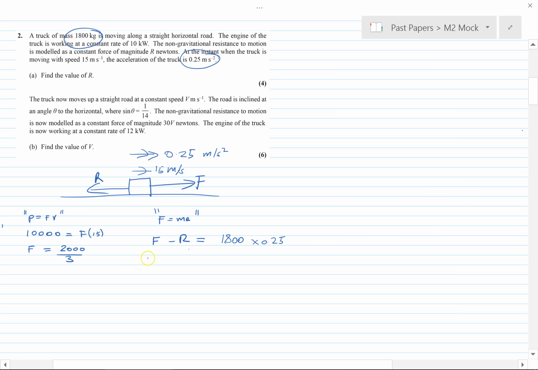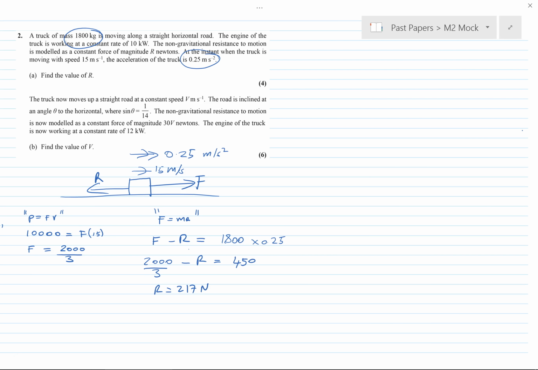So that gives me 2,000 over 3 minus R equals 1,800 times 0.25, that's 450. And that gives us a value of R equals 217 newtons to 3 significant figures. Okay, so relatively straightforward first part of that question.